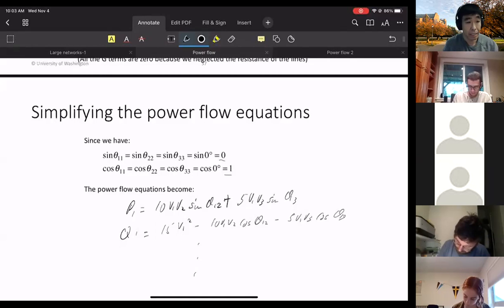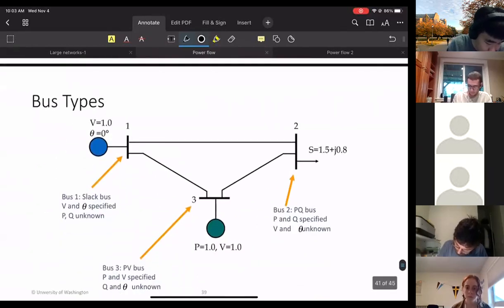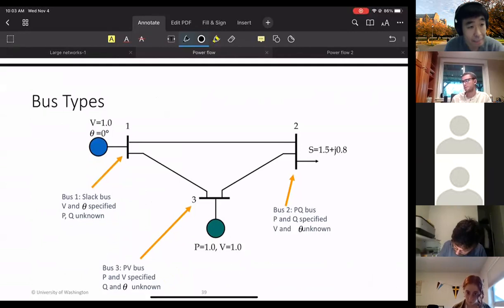Okay, so once you write out all these equations, then let's look at the different types of buses, right? So let's say here bus 1, we said it's a slack bus. Angle 0, V is 1. And almost always bus 1 or bus 0 is a slack bus. That's a numbering convention.